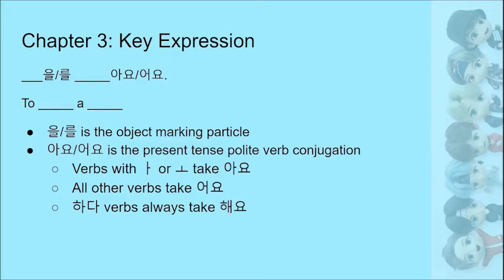So what that means basically is you take a verb that is in dictionary form, which of course has that ta on the end, you take the ta off, and then you would add either ayo or oyo to get polite form present tense. So if the verb has the last vowel that ends in a or o, you're going to put ayo. All other verbs that have different vowels will use oyo. The only exception is, of course, hada verbs. Any verb that ends in hada will always turn into heyo.